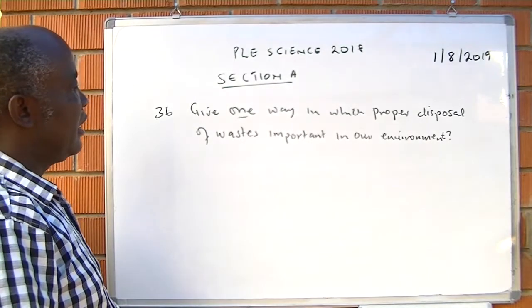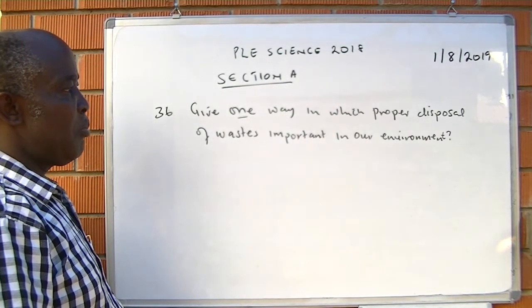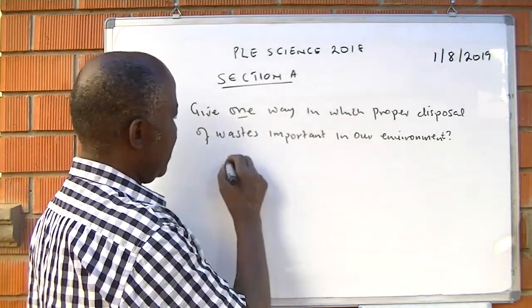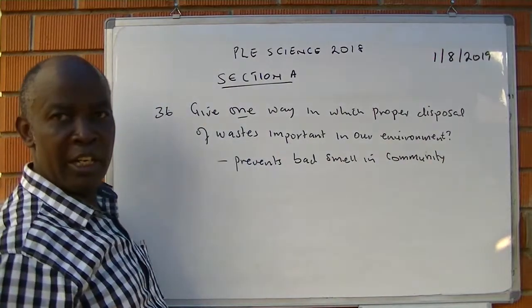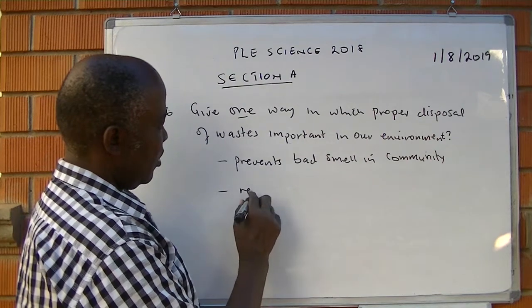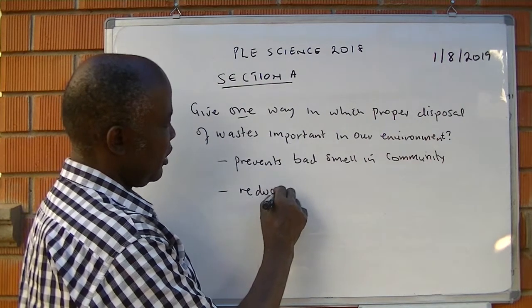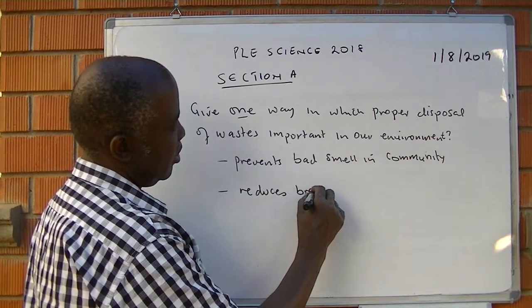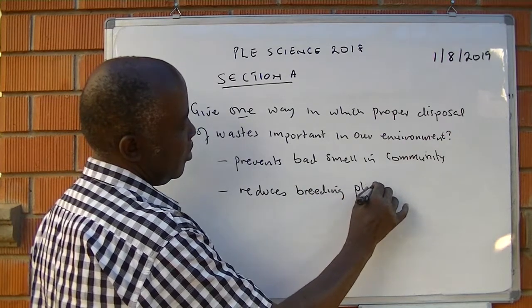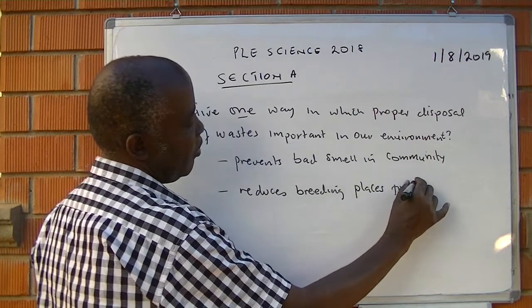Number 36. Give one way in which proper disposal of wastes is important in our environment. Prevents bad smell in the community. Reduces breeding places for vectors.